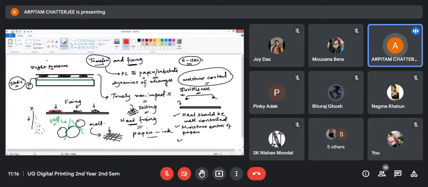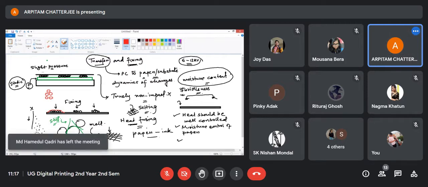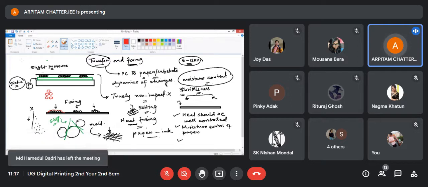If it spreads a huge lot, say for example, you want your dots. I'm not sure whether you are already introduced to dots or not, but afterwards you will be. Suppose this is what you want to print. Have you heard of the term half toning?